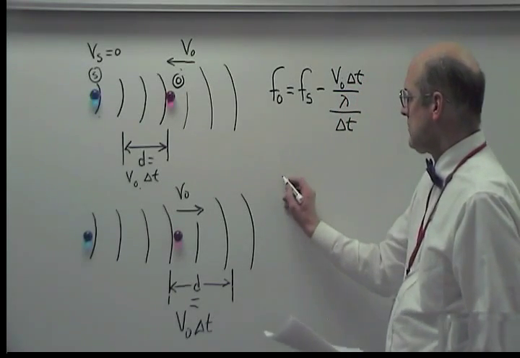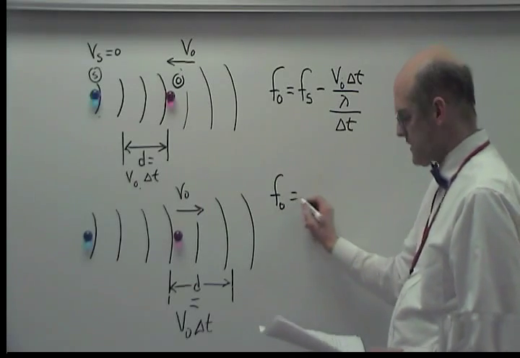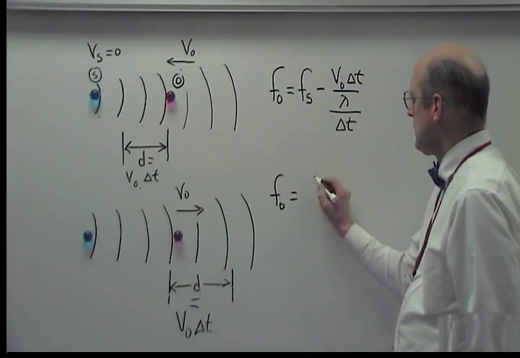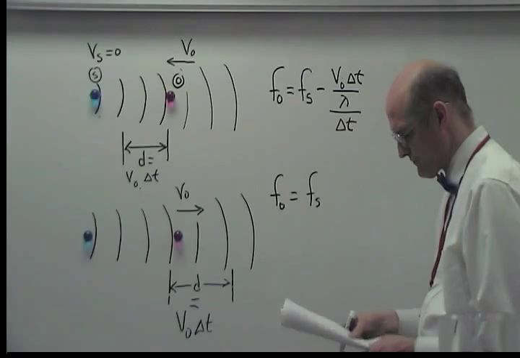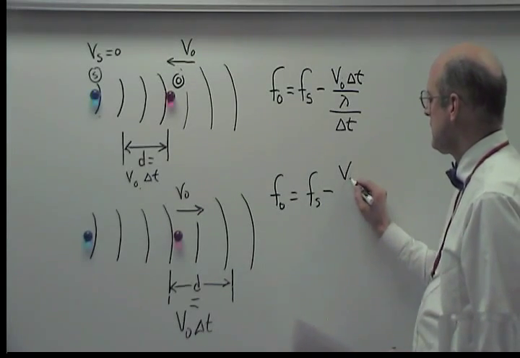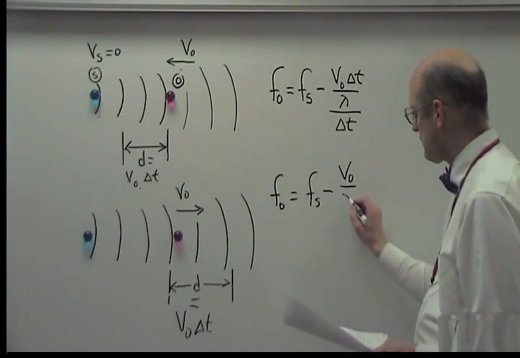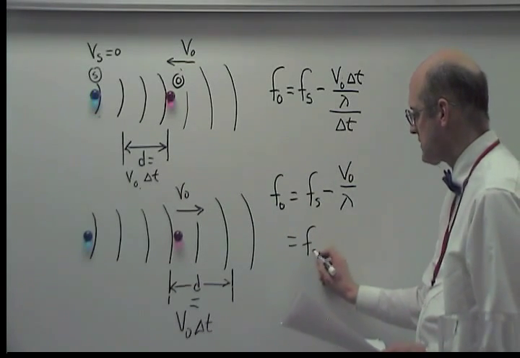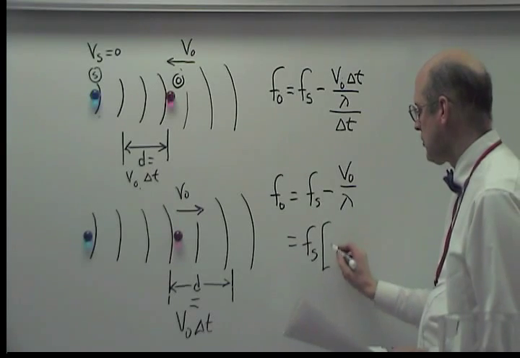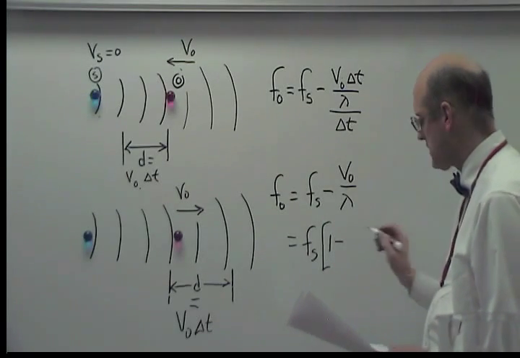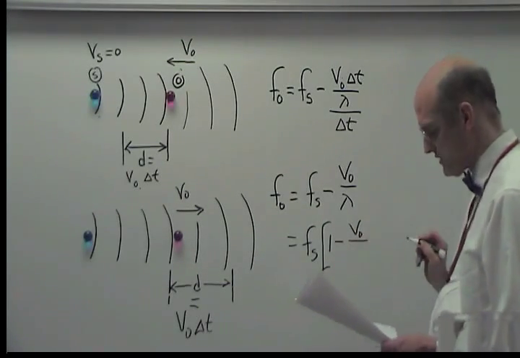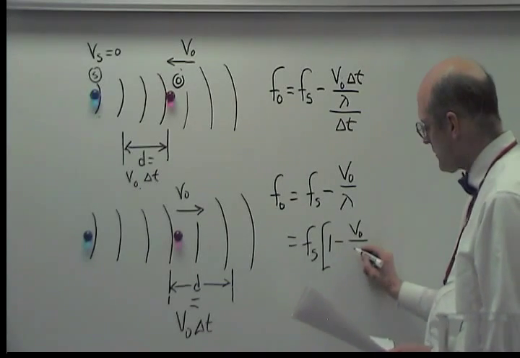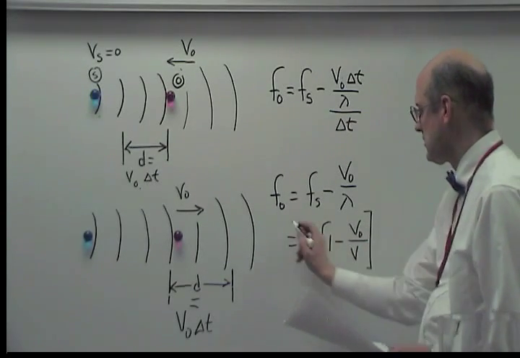So continuing here, we get then that the observed frequency is equal to the frequency of the source minus the speed of the observer divided by the wavelength, which can be rewritten as the frequency of the source multiplied by 1 minus the speed of the observer divided by the speed of sound.